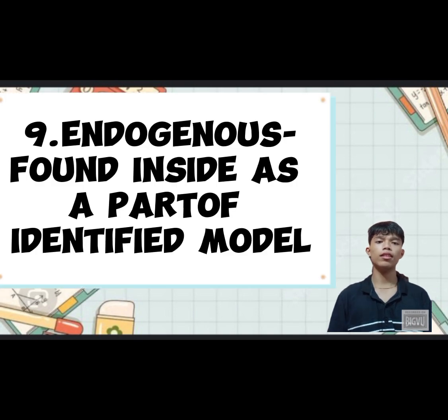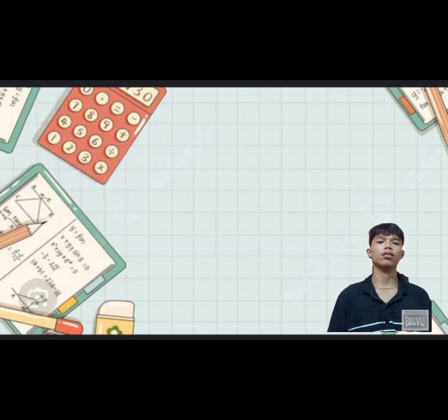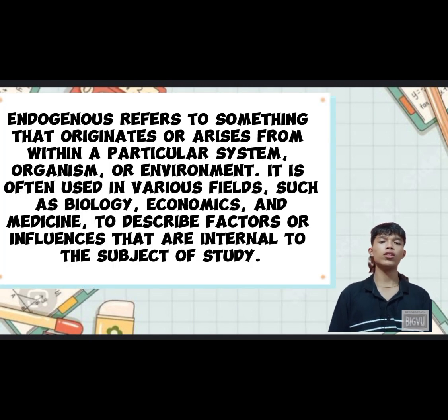Ninth, endogenous, found inside a part of the identified model. Endogenous refers to something that originates or arises from within a particular system, organism, or environment. It is often used in various fields, such as biology, economics, and medicine, to describe factors or influences that are internal to the subject of study.